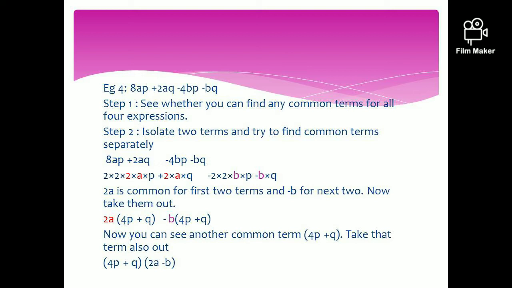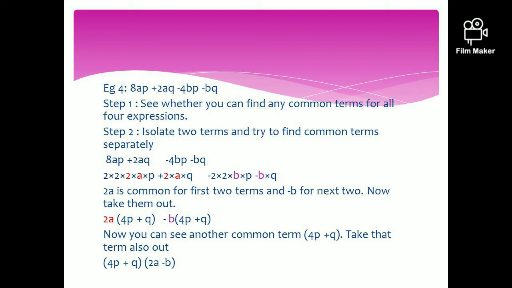If you take the first 2 terms, 8ap plus 2aq, you can understand that 2a is common. From the second expression, minus 4bp minus bq, you can understand that minus b is common.